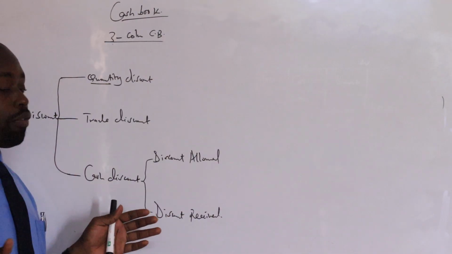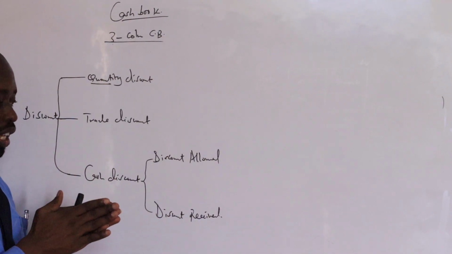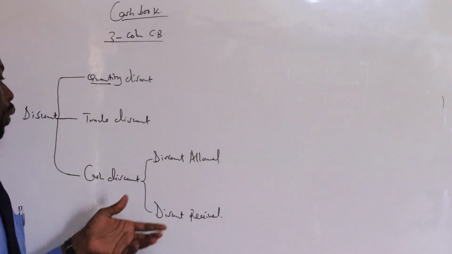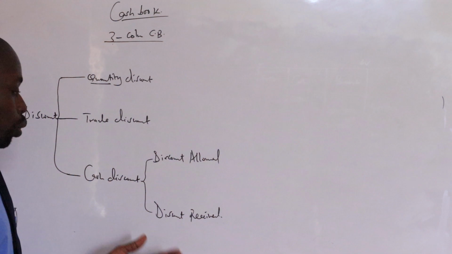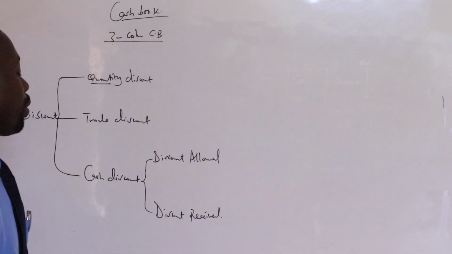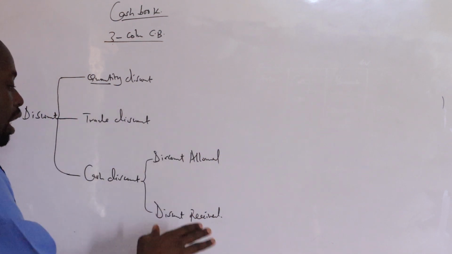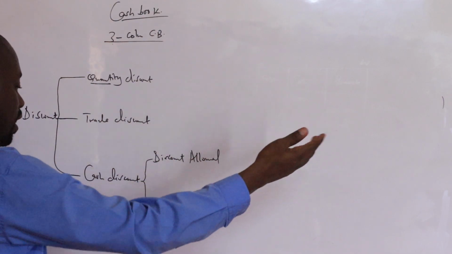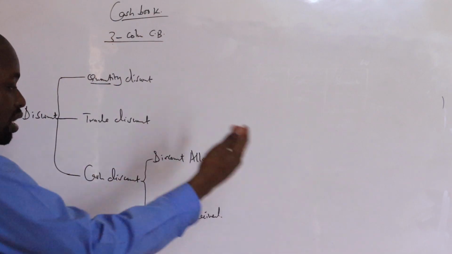So you only qualify for it if you are paid within a given duration of time. So if you don't pay within that time given, you lose that discount. So it's called discount allowed and discount received. So allowed is one a business offers. Received is the one that business receives.